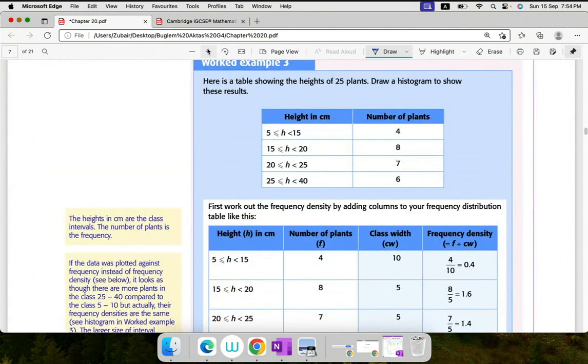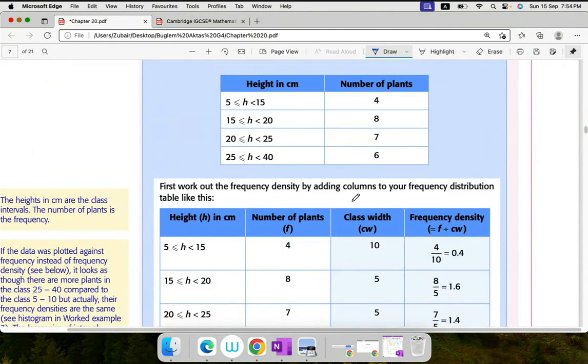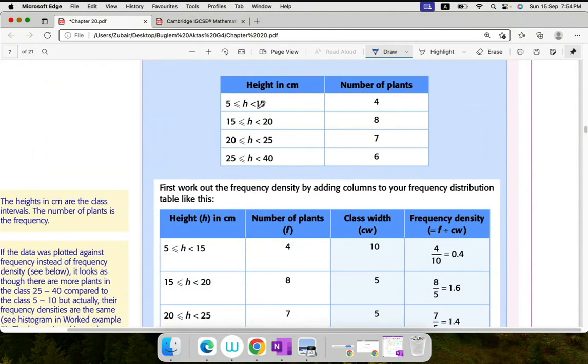Draw a histogram to show these results. If they're asking for a histogram, there is already no gap. The first class width is 10, the second is 5, then 5, and 15. So I've written the class widths.